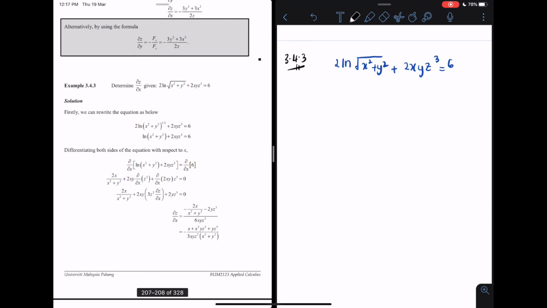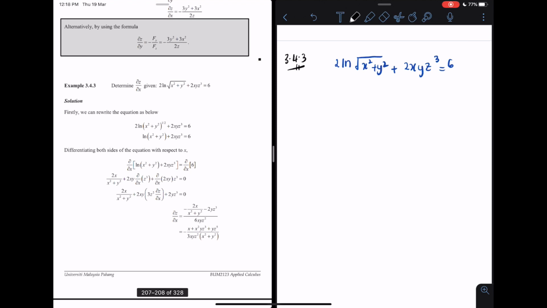Even though it is written in terms of some complex representation, you can always recall the properties so that you are able to deduce the function into simpler terms.